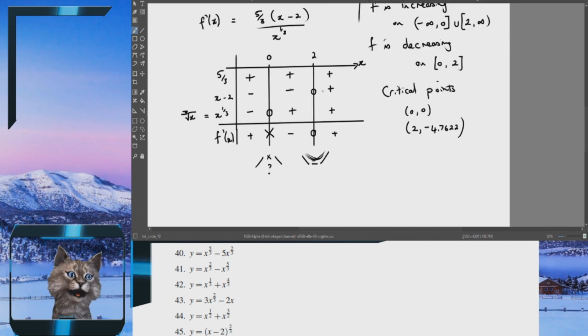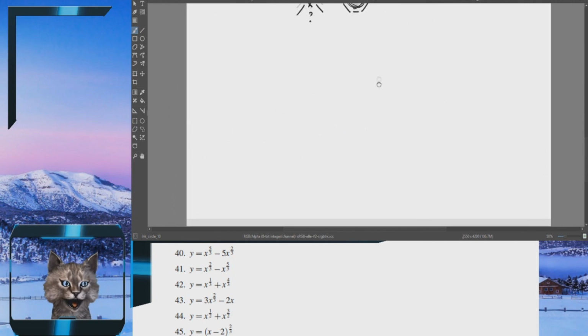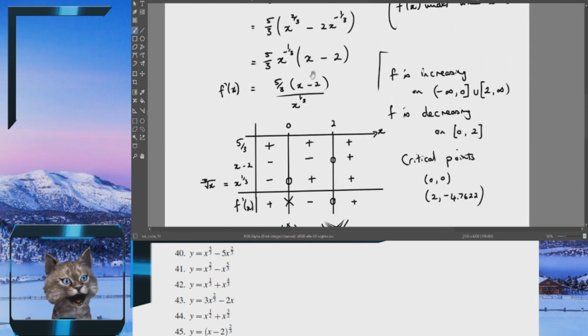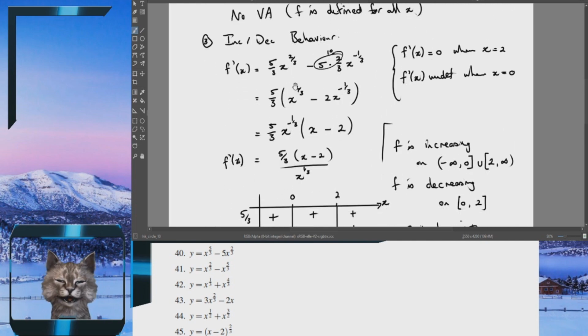Alright, next up is how the graph bends. Ooh, I think we can do it. So we'll do step 4, which is concavity. For that I need the second derivative, but this is easier than you might think. I'm not going to look at this version. I'm not going to look at this version. I'm going to look at the original.